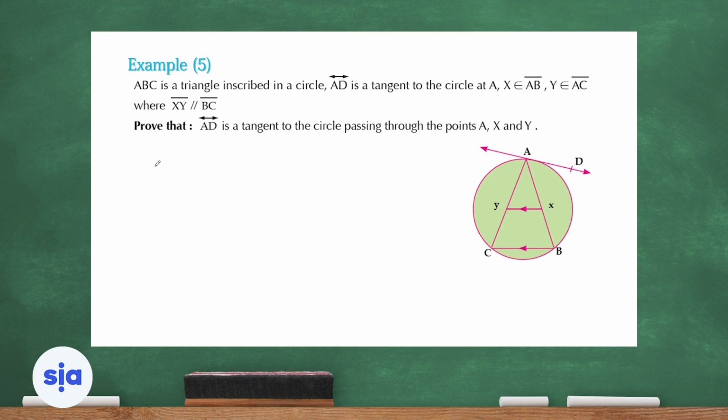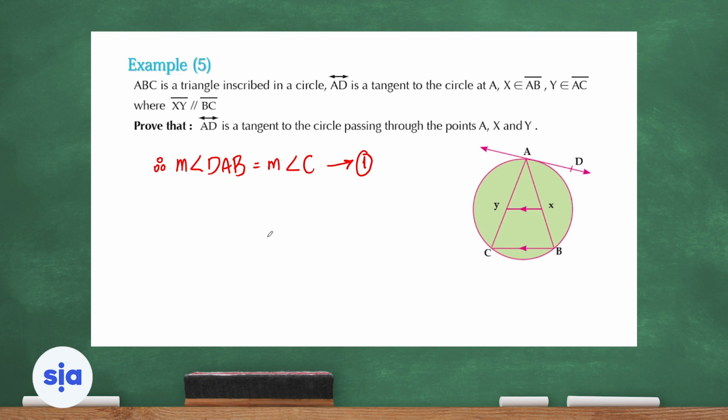Then, if AD is a tangent, therefore the measure of angle DAB is equal to the measure of angle what? Yes, excellent, angle C. Let's call this remark number 1.